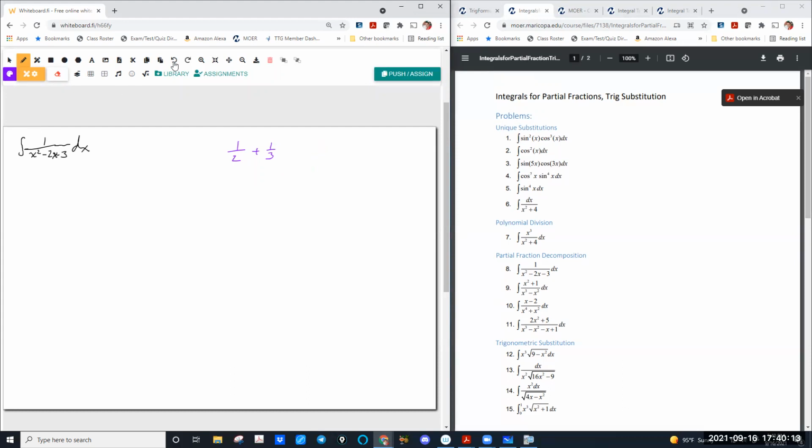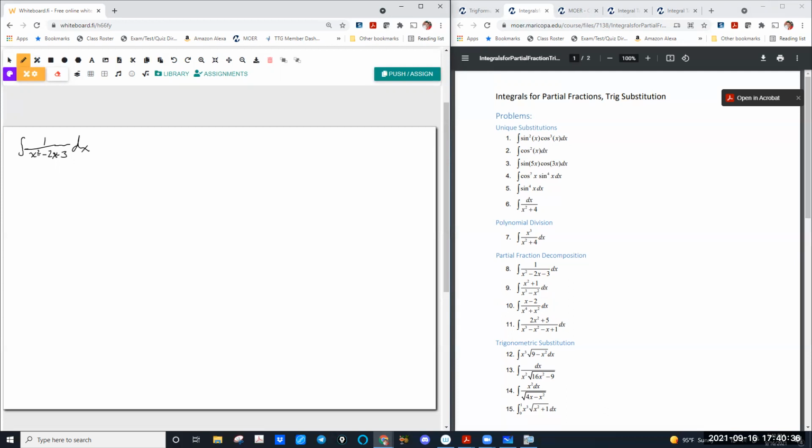Now, the way you're going to recognize partial fraction decomposition is you are going to have a rational expression in your integrand. The numerator will have a smaller power than the denominator. If not, you do polynomial division. And your denominator will be factorable.